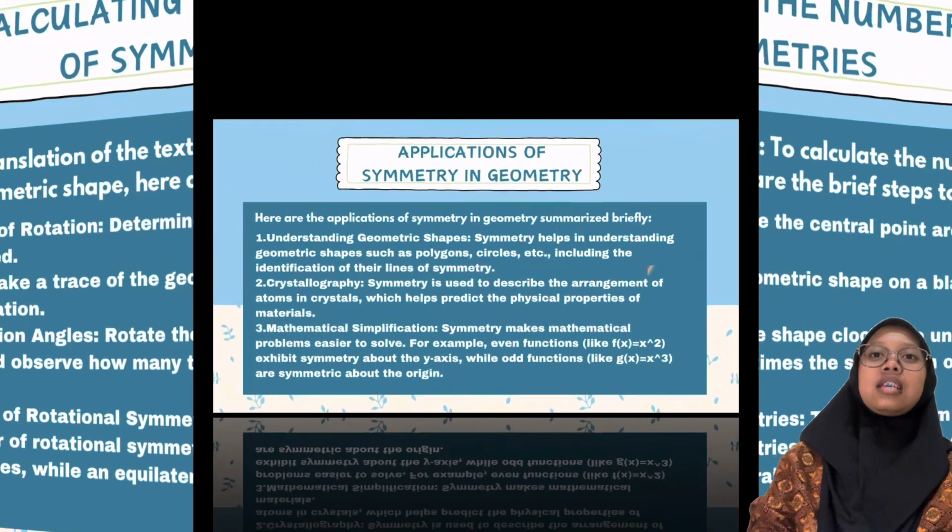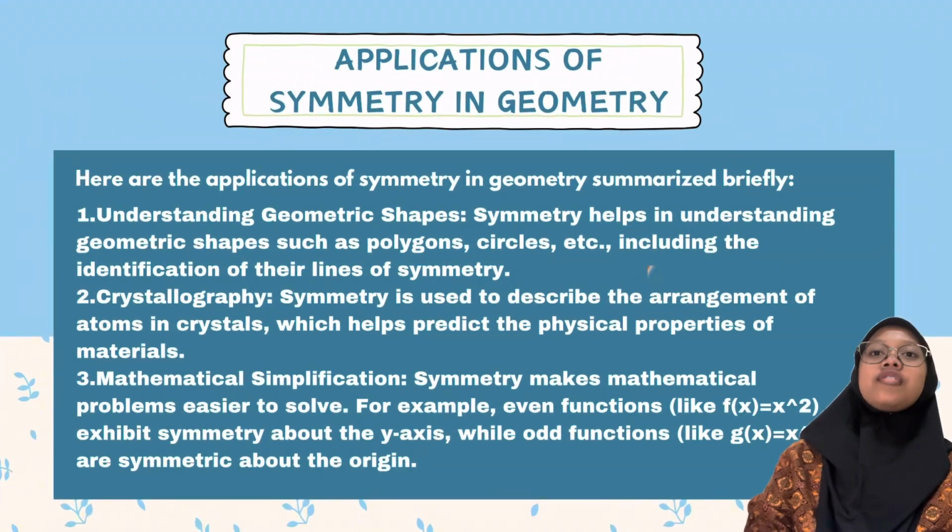Next, we discuss the application of symmetry in geometry. Here are the applications of symmetry in geometry summarized briefly. Number 1. Understanding geometric shapes. Symmetry helps in understanding geometric shapes such as polygons, circles, and others, including the identification of the line of symmetry.